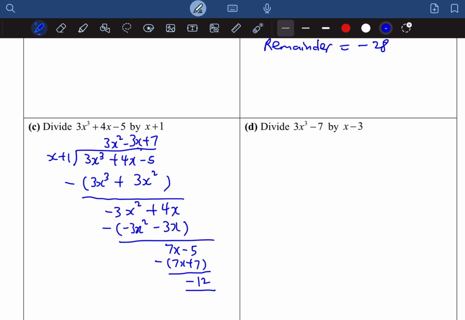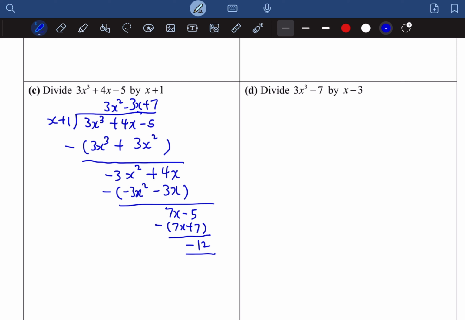So we can stop here. So it means that the quotient equals 3x squared minus 3x plus 7. Remainder equals negative 12.